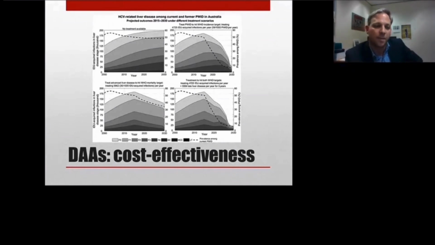So you reach your mortality targets for WHO and for Australia by making sure people who've got late stage liver disease get cured, but you also address transmission down the track by really targeting current injectors of drugs and cutting through that injecting network.